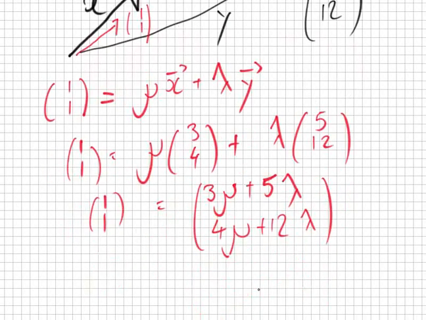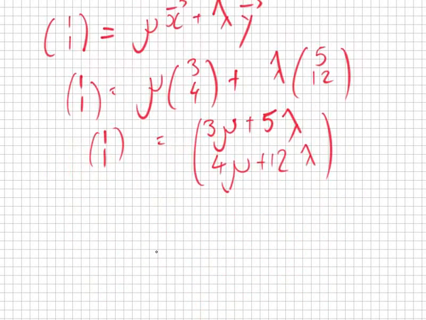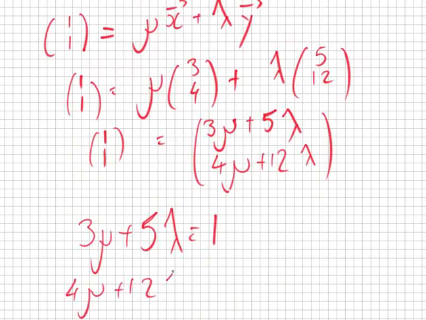Now if you think about it, what does that look like? Well, it looks a bit like what we did in semester 1. You know, 3 mu plus 5 lambda equals 1, and then 4 mu plus 12 lambda equals 1. We all know how to solve this. So you could find the lambda and mu this way.